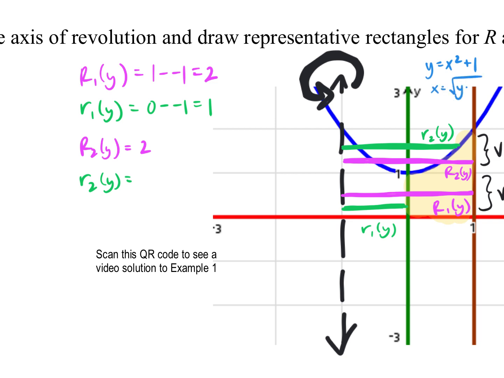Yeah, square root of y minus 1. Okay, so we're going to take the square root of y minus 1, and then we're going to subtract the line that we're rotating it about, which is -1. So that would equal, for r2, the square root of y minus 1 plus 1.